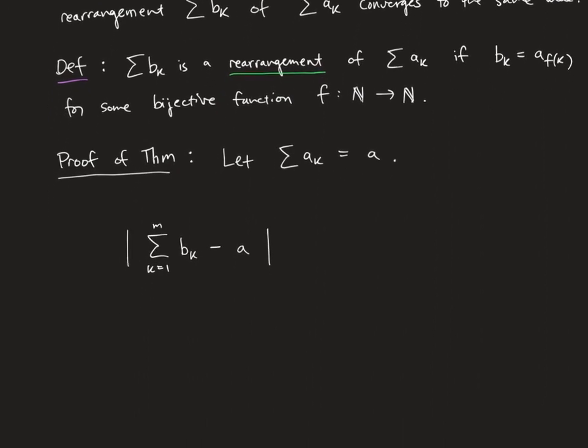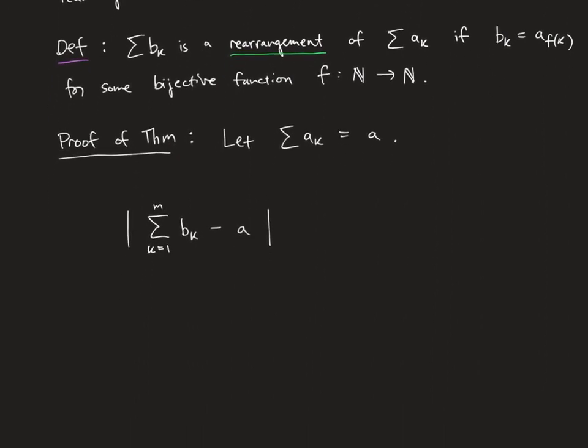I like to try to visualize the situation to get some handle on what the proof should be. We have our a terms here: a_1, a_2, and so on, a bunch of a's.